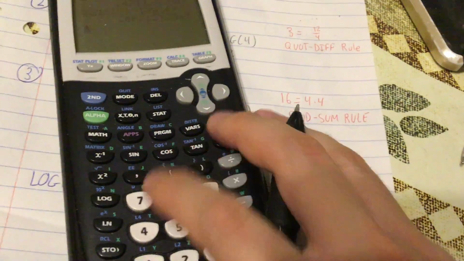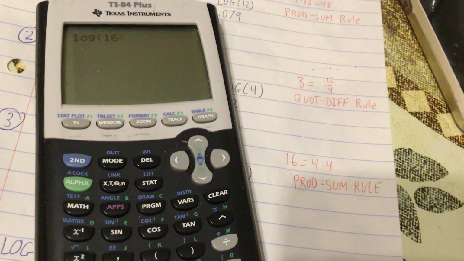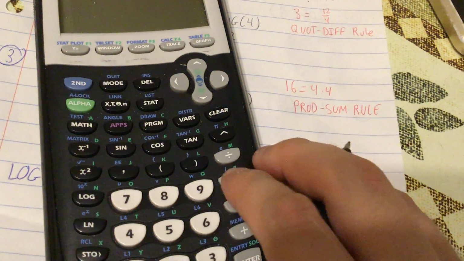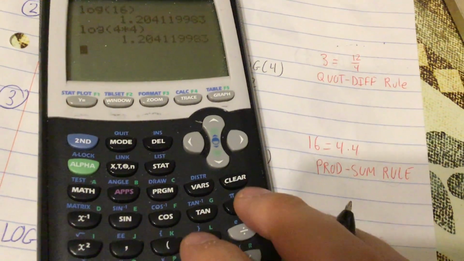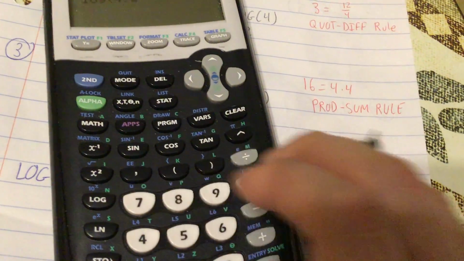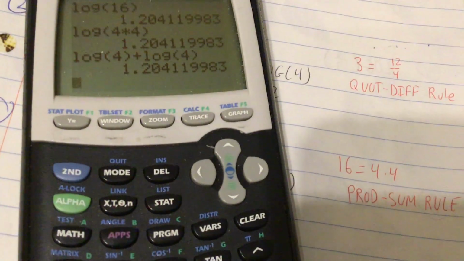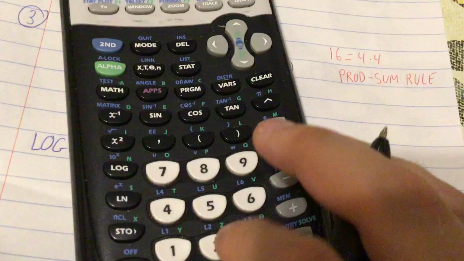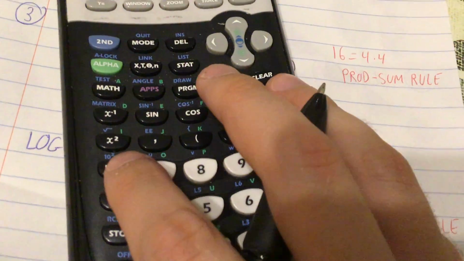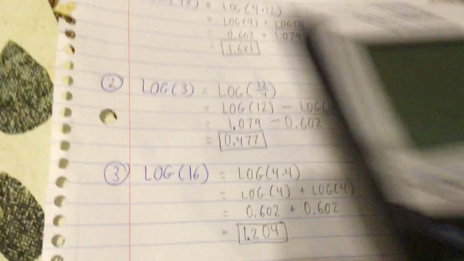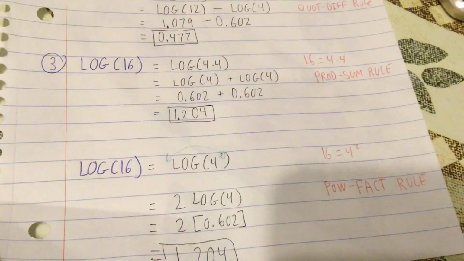In fact, we can show it in 3 ways: log of 16, log of 4 times 4, log of 4 plus log of 4, 2 log of 4. Same thing. I just want to show flexibility today.